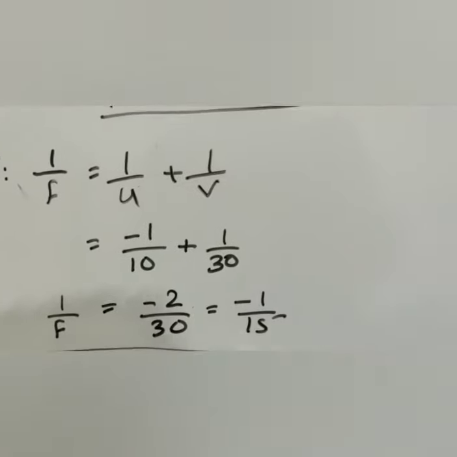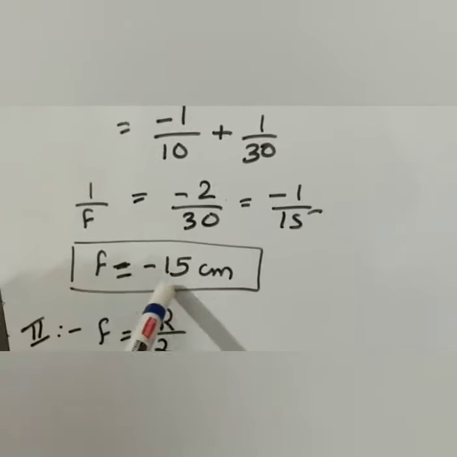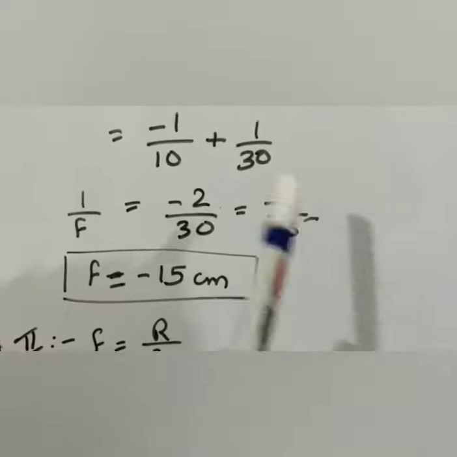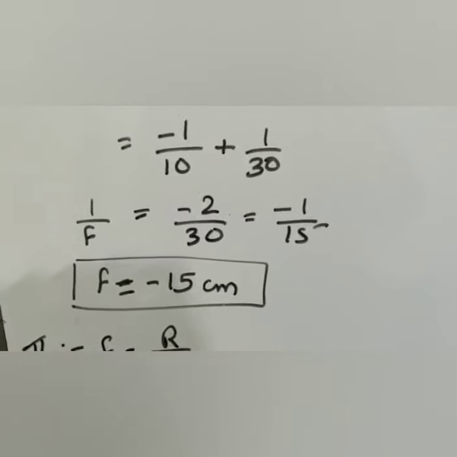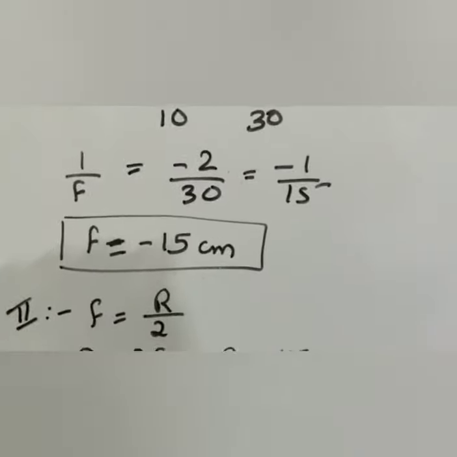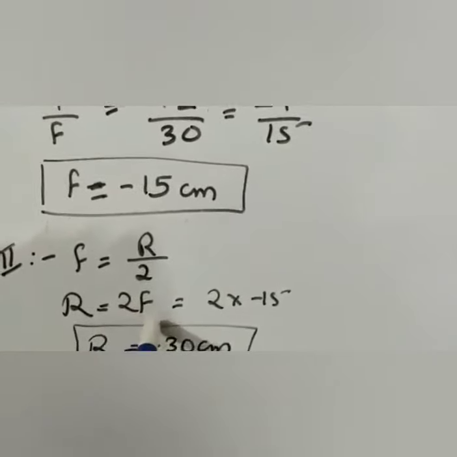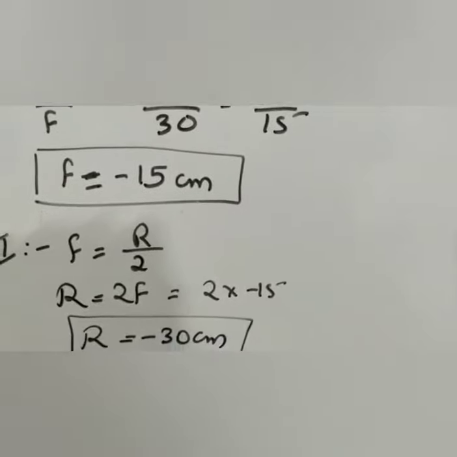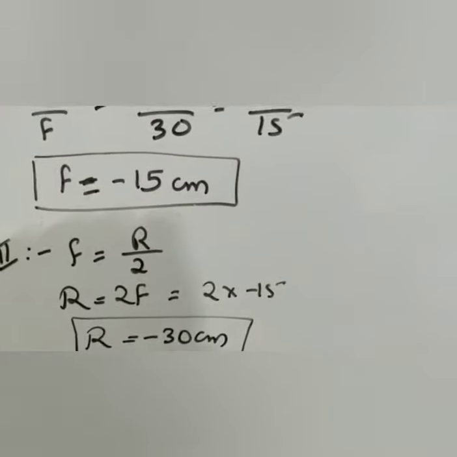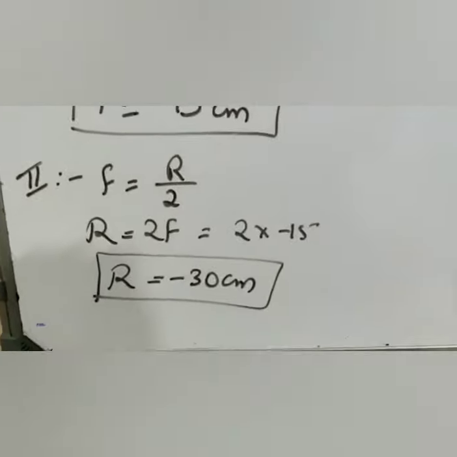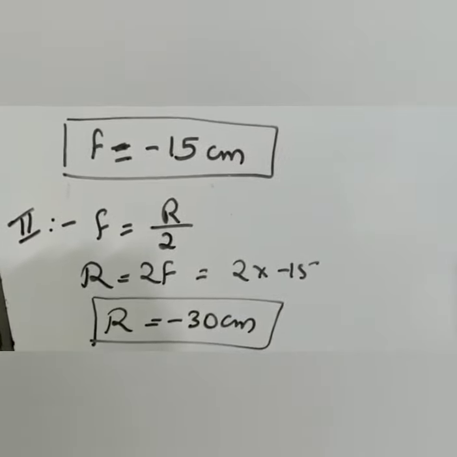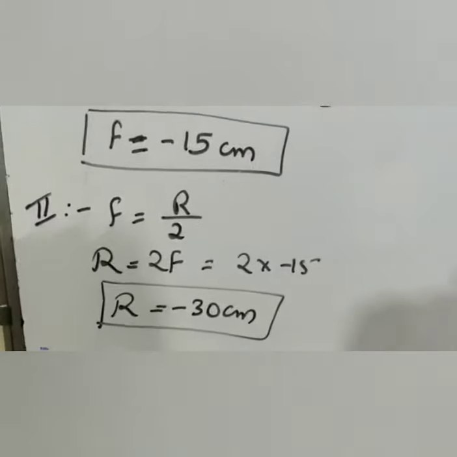Substituting the values, we get f equals minus 15 centimeter because it is in front of the concave mirror. Now second case, f equals r upon 2 or r equals 2f. 2 into minus 15, so r equals minus 30 centimeter. We have found the radius of curvature.